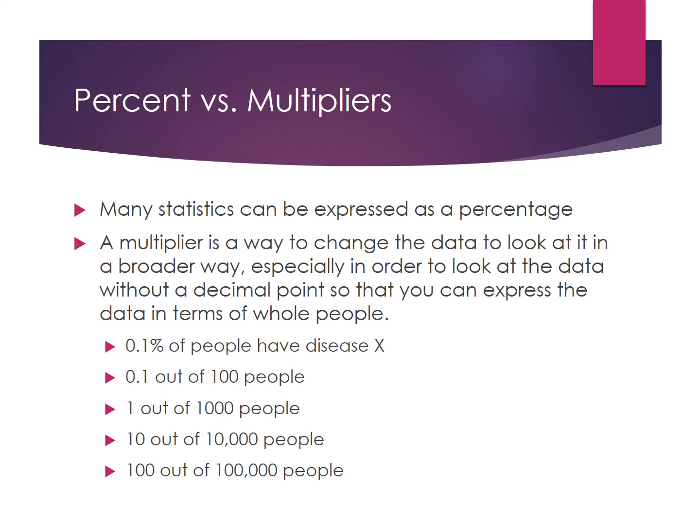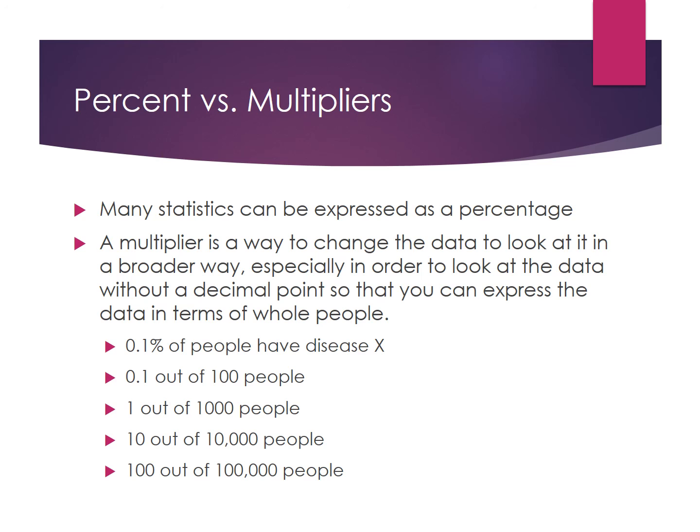But we also might want to have a multiplier, and so instead of saying 0.1% of people have this disease, we might say 0.1 out of 100 people have it. But it doesn't really make sense to say 0.1 person. What is a 0.1 person? That's not a real thing. So, is it somebody's leg? No, I'm kidding. So what we want to do is to be able to have whole numbers of people.